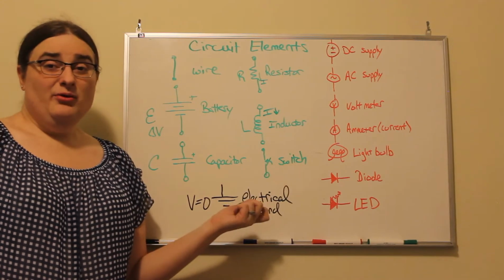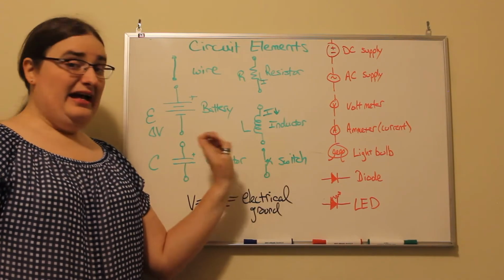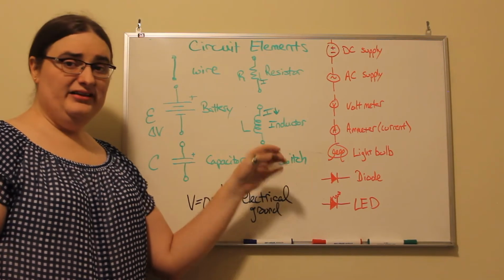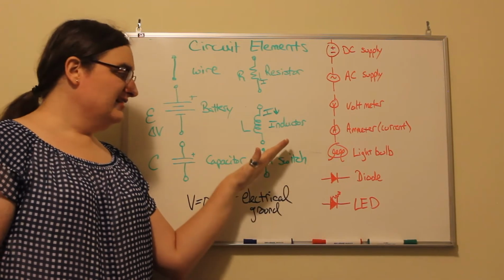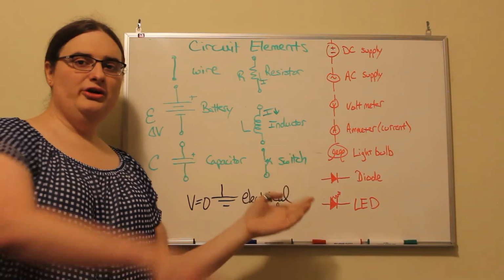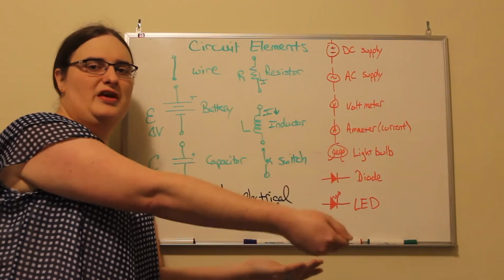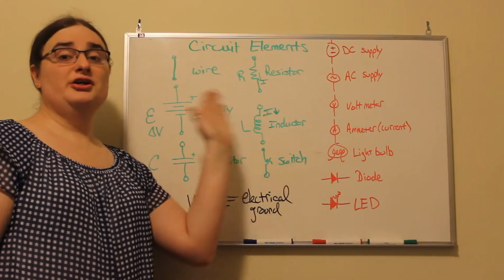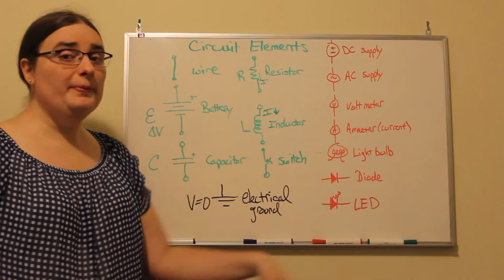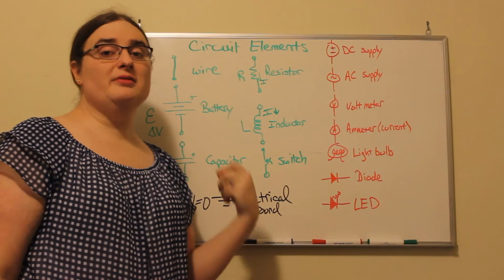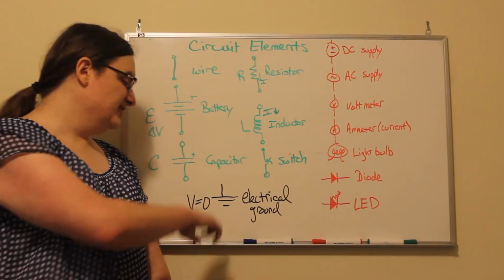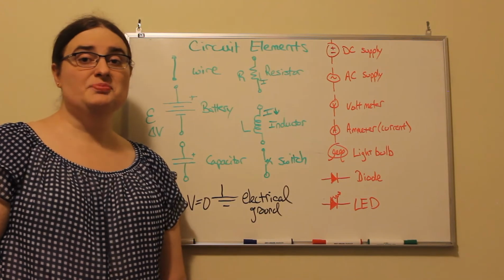The final element I want to point out is a switch. The symbol our textbook uses for a switch is a line, usually with an arrow set at an angle, to denote an old school Frankenstein movie bayonet style switch. If you close that switch, current can go through. If it's open, there's a physical break in the circuit preventing current. Often you might see what looks like a little upside down Christmas tree.